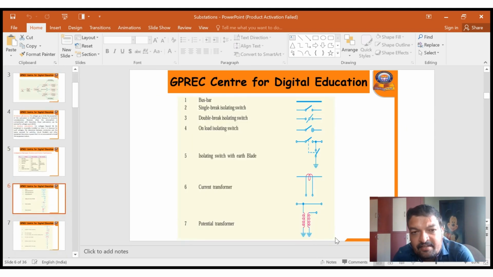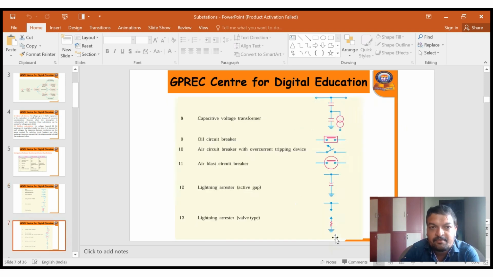Now coming to the various equipment involved in a substation. We have the bus bar, single break isolator switch, double break isolator switch, isolating switch with earth blade, and various transformers like current transformer, potential transformer, capacitive voltage transformer, and we have the oil circuit breaker, air circuit breaker, and lightning arresters.